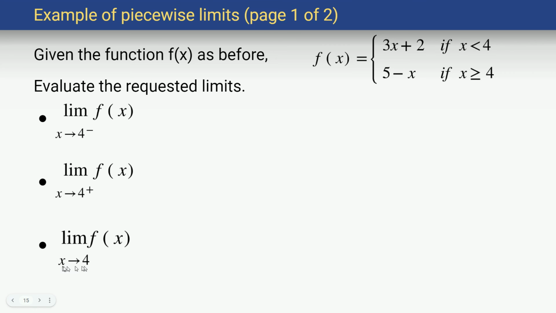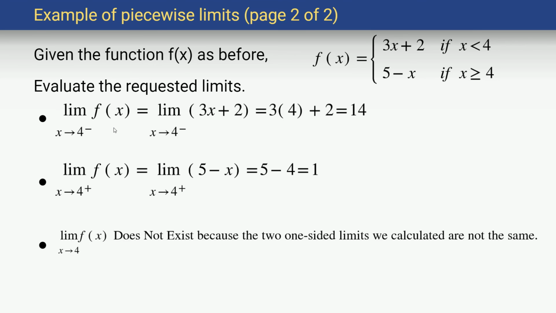And when you do the limit as x approaches 4, the two-sided limit, well, you don't do anything. When you want the two-sided limit, you just look at the results from the previous one-sided limits. Okay?